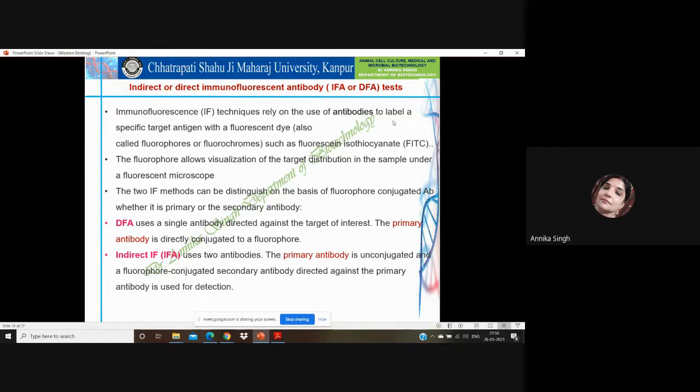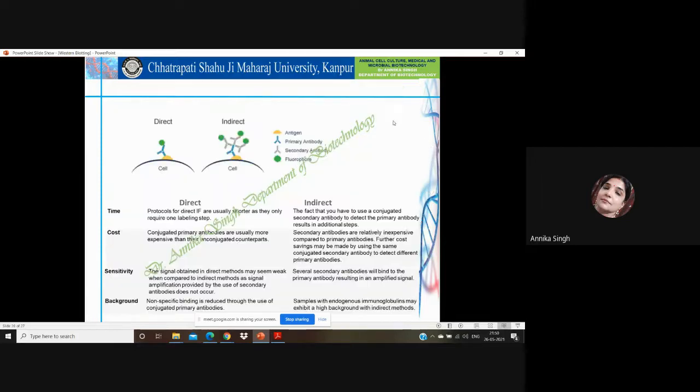So this secondary antibody is fluorophore conjugated, and it allows the detection of a particular target antigen in a sample. So in this picture, you can easily see the difference between direct and indirect immunofluorescence assay.